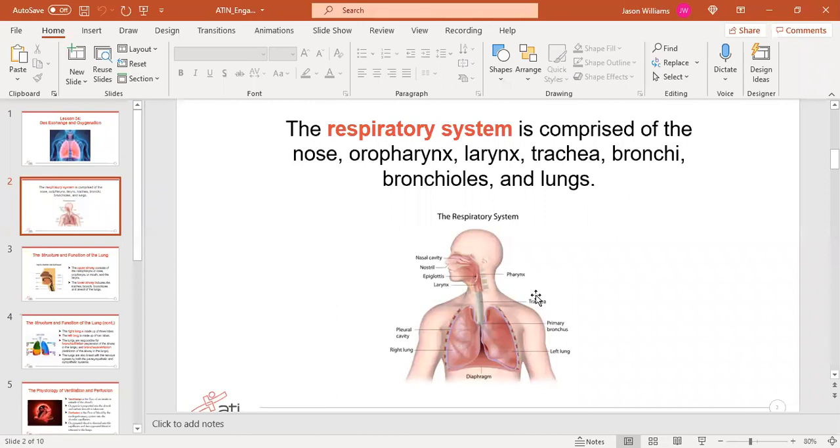Cells break down fatty tissue to get the body some type of energy, but that results in ketones being released, and ketones are another acid. But with the respiratory system, if a patient is retaining CO2, it will result in respiratory acidosis.